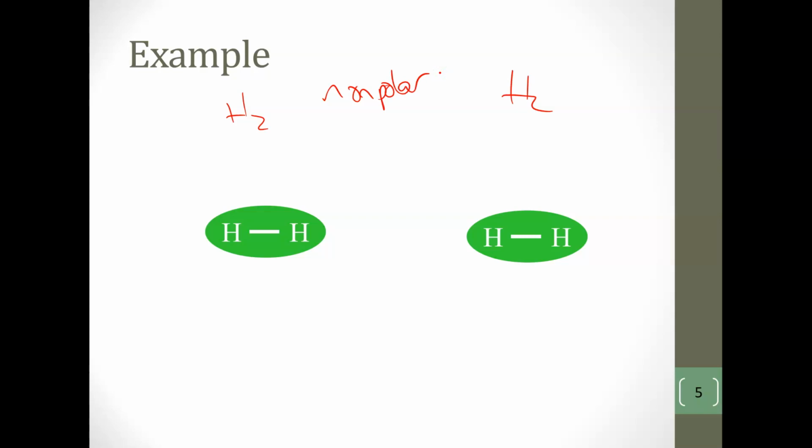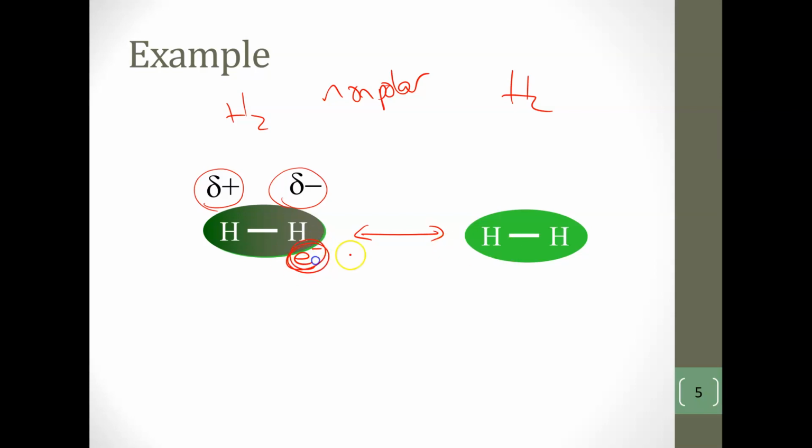Okay. However, at any given moment in time, if my electrons all line up over here, closer to that one, I end up with a partial negative charge and a partial positive charge, just for a split second. And if it gets close to this other molecule over here, which is nonpolar, because the electrons are on this side, it's going to push the electrons over to this side and induce a dipole in that one.